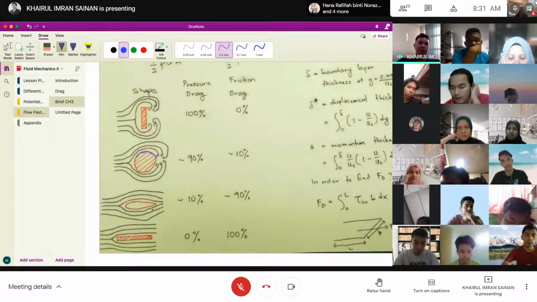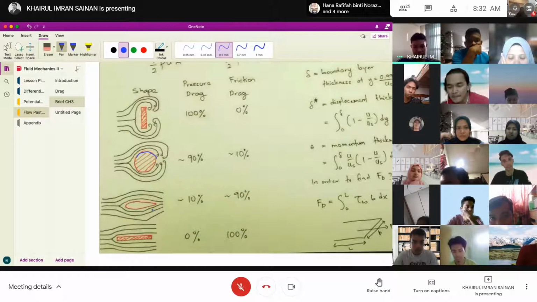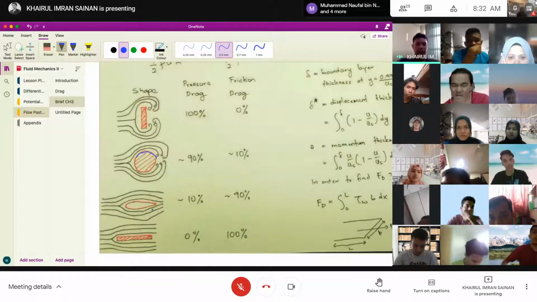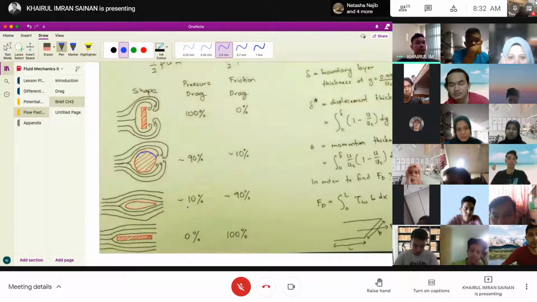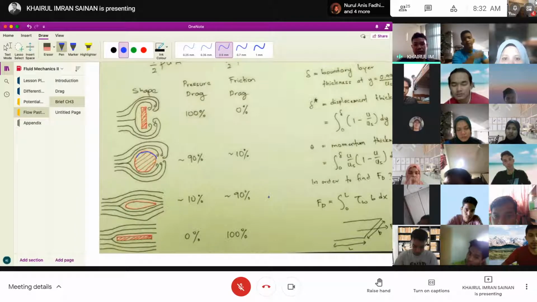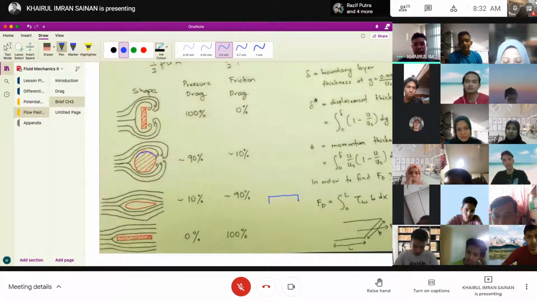Okay, next is if you have a streamlined body. For a streamlined body, pressure drag is reduced further, becoming 10%, because the frontal area is smaller.